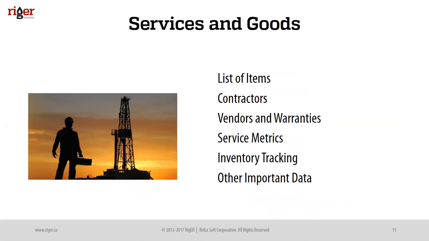In terms of services and goods, in the oil field a lot of services come together with rentals. You need to track additional services as well, and all the consumables which could be utilized when you provide the service in the oil field.